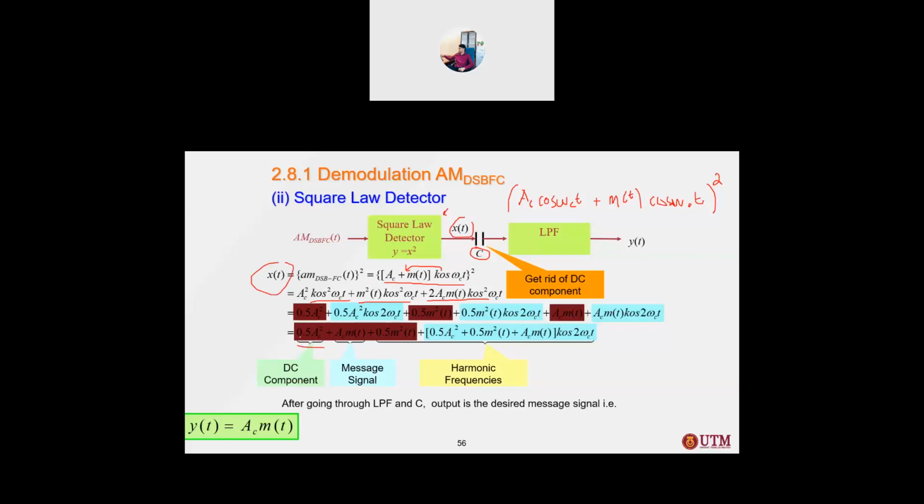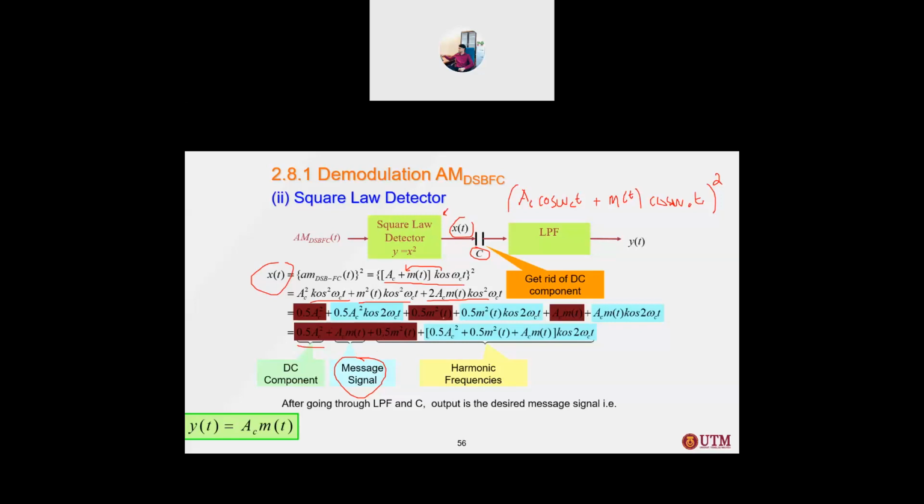AC is actually amplitude. Then you have ACMT. So this is the message signal, which is your information signal, the one that you are trying to send. Now you get it back. Maybe small in magnitude or whatever, it depends. But at least that is your signal having the same pattern or almost similar information.